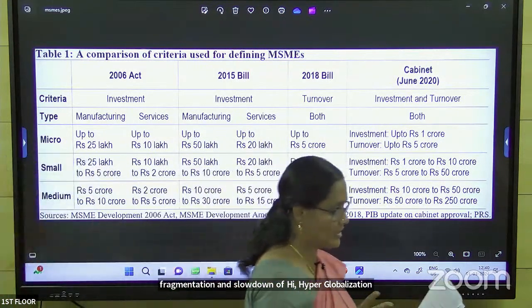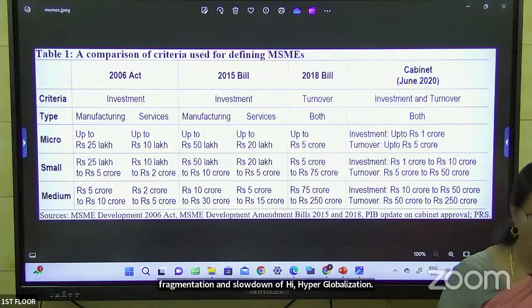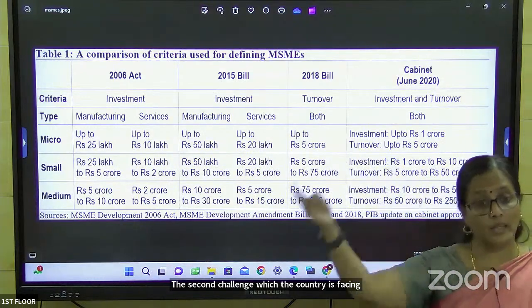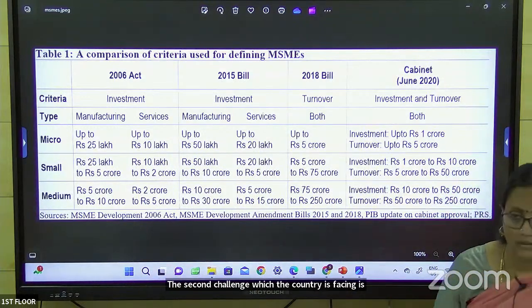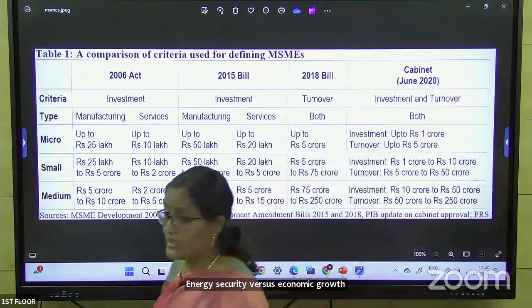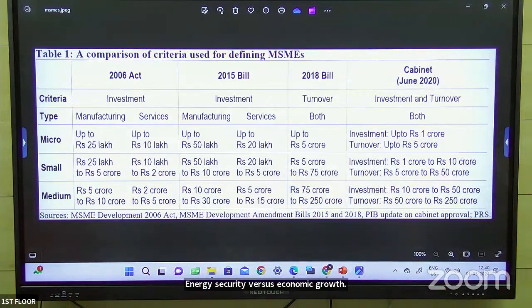The second challenge which the country is facing is energy security versus economic growth.